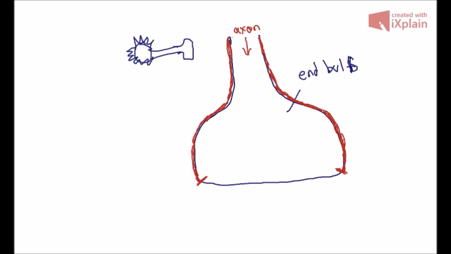But where the axon ends down here at the end bulb is called an axon terminal. And that's the space where the action potential ends, traveling down the axon. Remember, we got the action potential, that's the electricity.